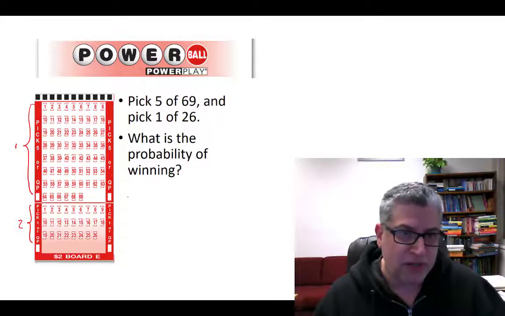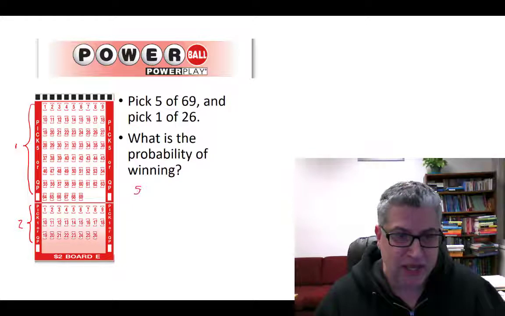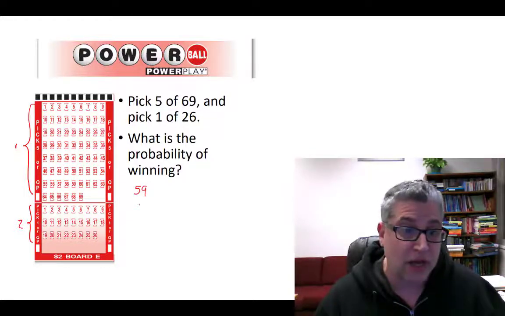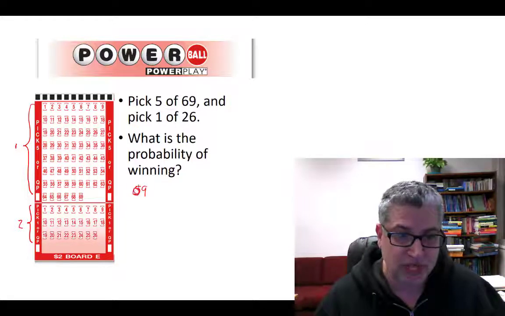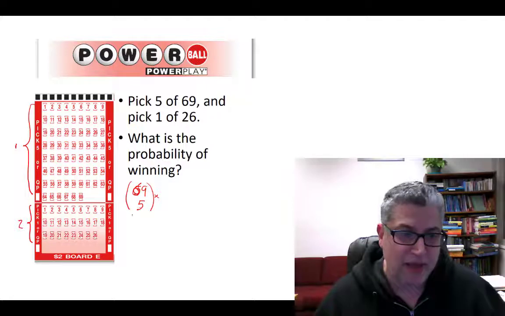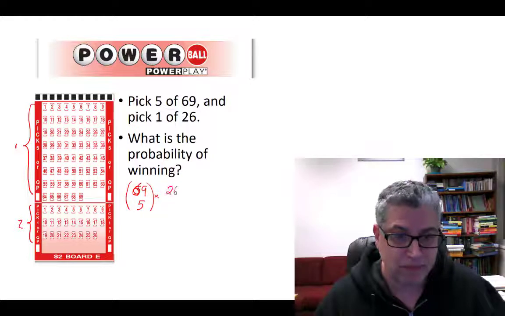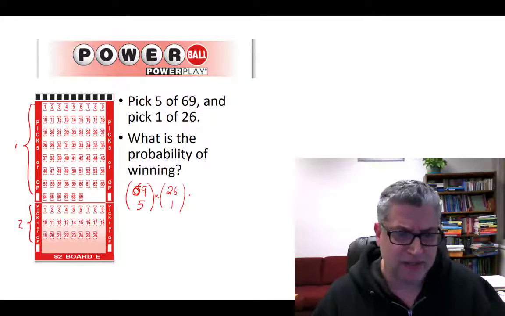Well, the first part is that we're picking 5 out of 69. So that is a combinations problem. 69 choose 5. And then we're going to multiply that, multiplication rule, by 26 choose 1. Now let's simplify this thing.